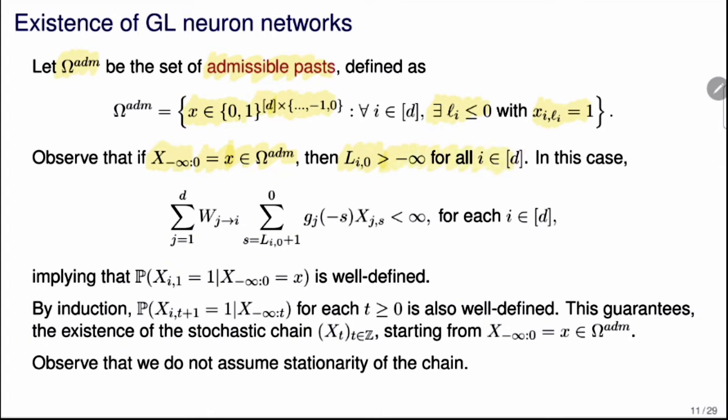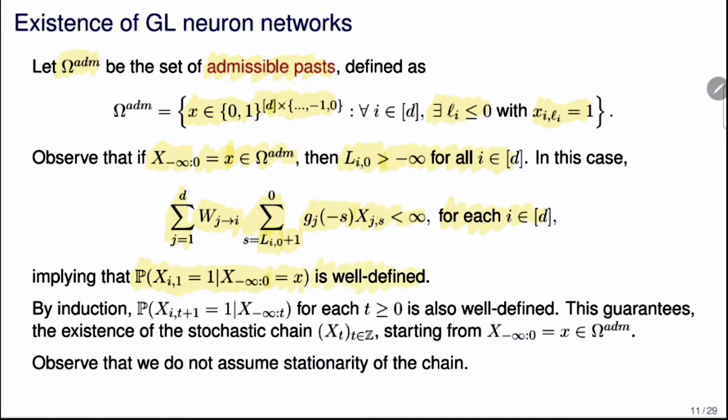In this case we can show that the sum over j going from 1 to D of W_{j→i} times the sum of s going from L_i(0)+1 to 0 of g_j(-s) times x_j(s) is finite for each i, and this implies that the probability that X_i(1) is equal to 1 given that the path of the network up to the time 0 is x is well defined, so we can actually compute it.